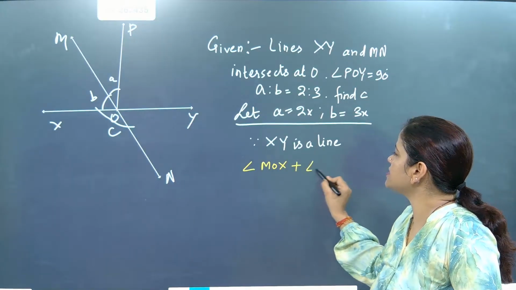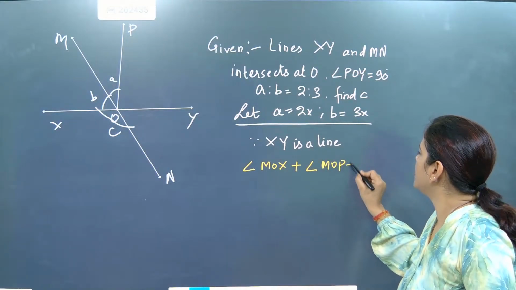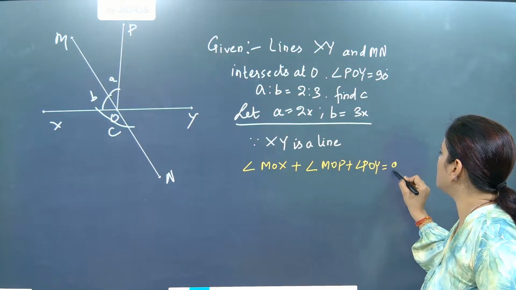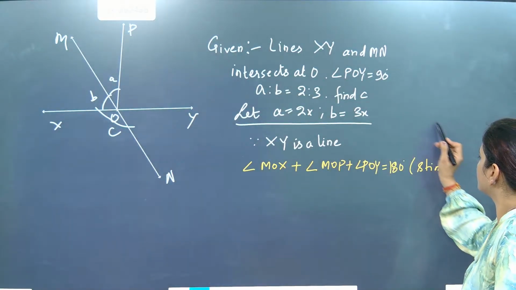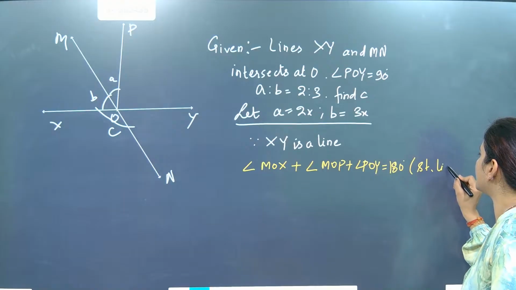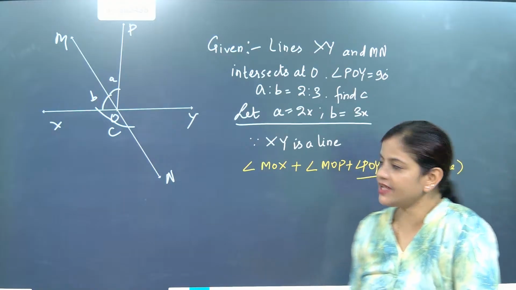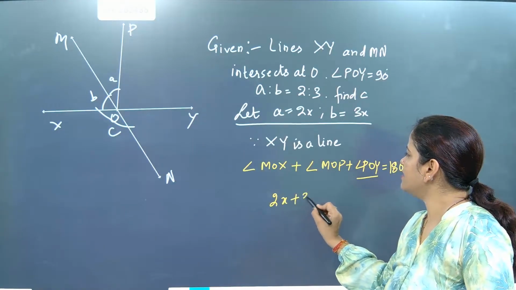So angle MOX plus angle MOP plus angle POY equal to 180 degree. Straight line, I am writing in shortcut, straight line concept. Now POY is already given as 90. These two are 2x and 3x.